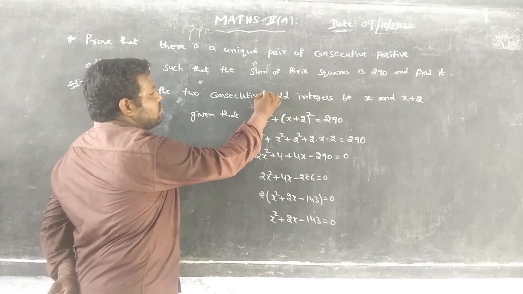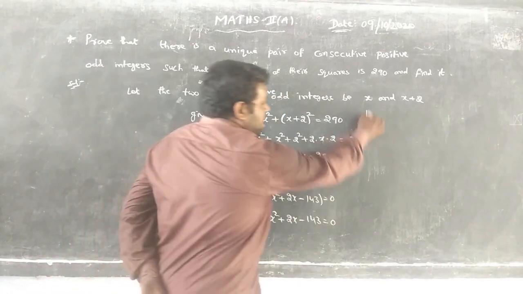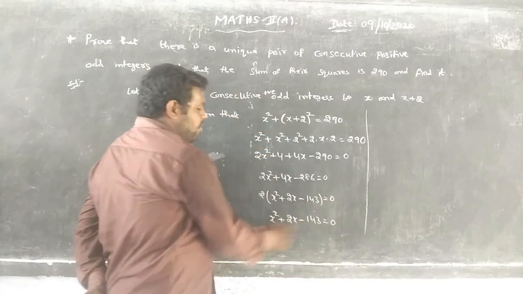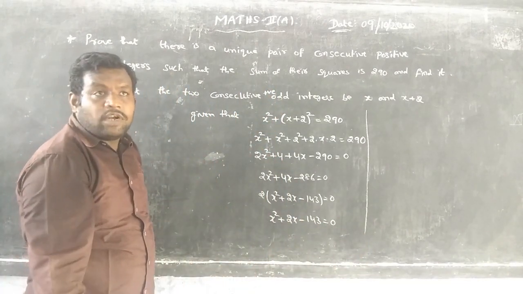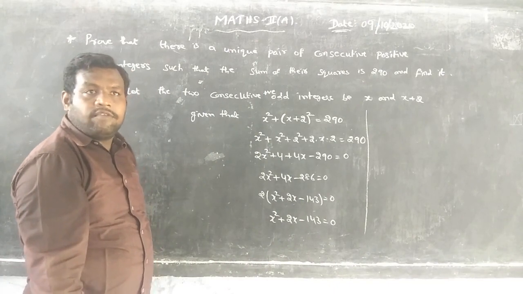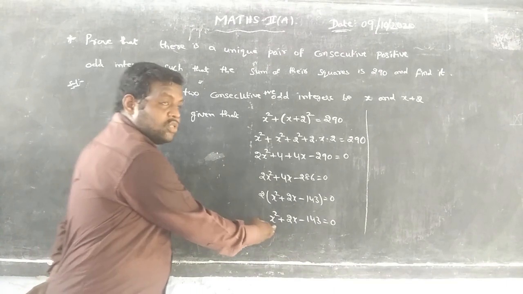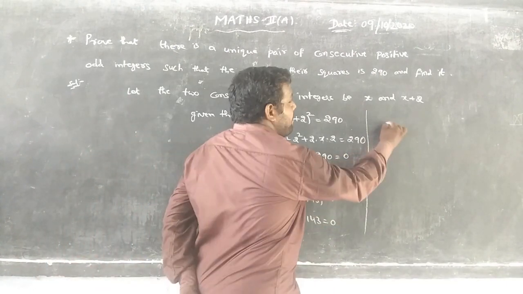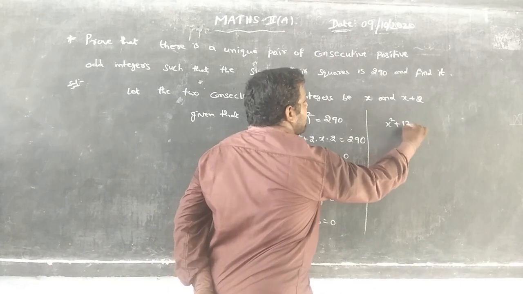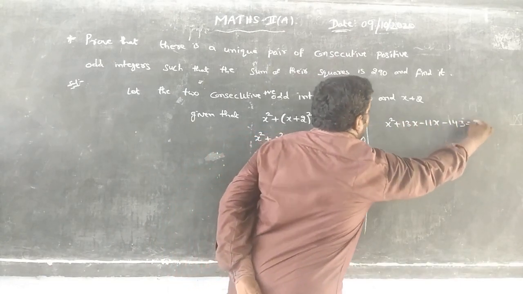Consecutive positive odd integers. Now split the middle term. What is the product of the first and last term? 143. The factors of 143 are 11 and 13. 13 minus 11 is 2. So x square plus 2x minus 143 can be written as x square plus 13x minus 11x minus 143 equals 0.